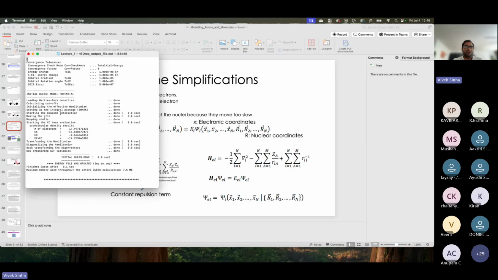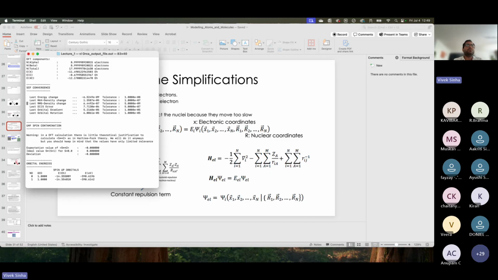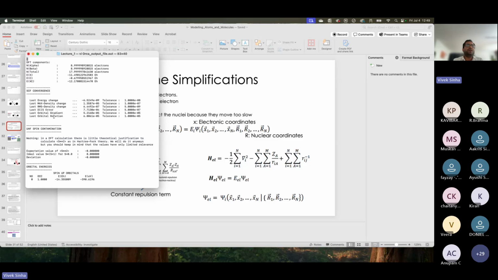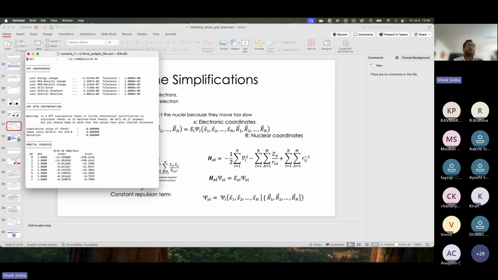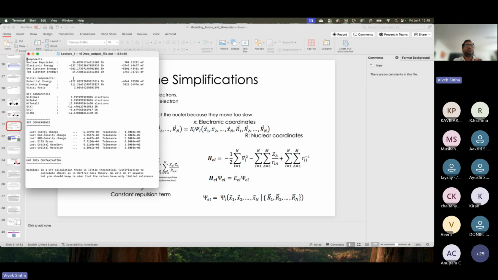It loads, makes a sense of the density and does a DFT calculation on it, which we will also talk about. And it gives you the decomposition of energy in individual terms, which I showed you earlier, that you have the potential energy, you have the kinetic energy, the virial ratio of the potential versus kinetic, and the different terms that are shown here.